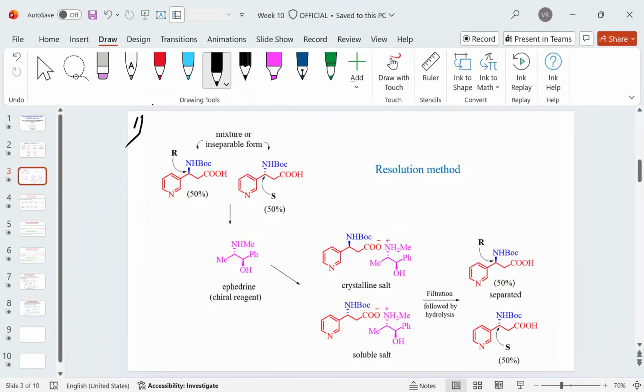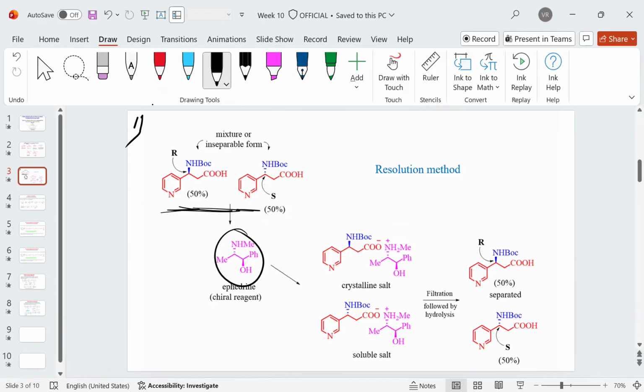So depending upon whatever isomers we get in the reaction mixture, let's say in this example we are getting R and S, both enantiomers, however they are inseparable. So what can we do in the resolution method? One approach is to add an external additive to this mixture of R and S enantiomers.